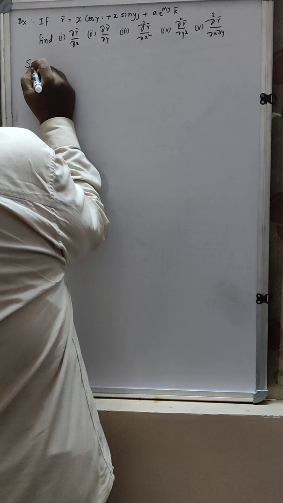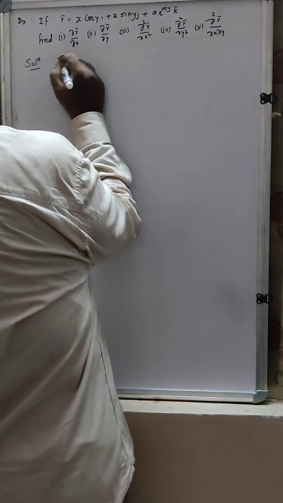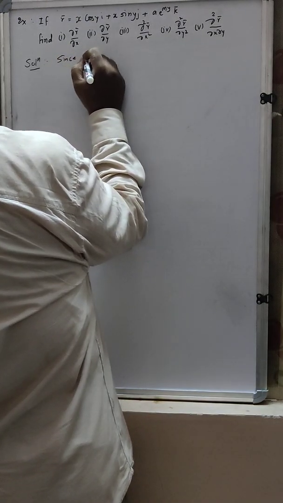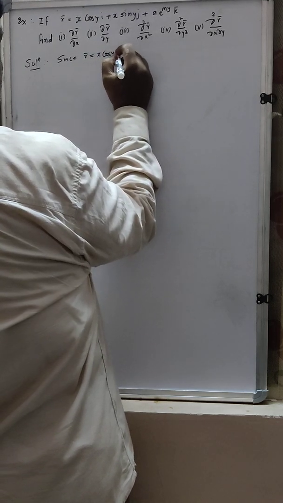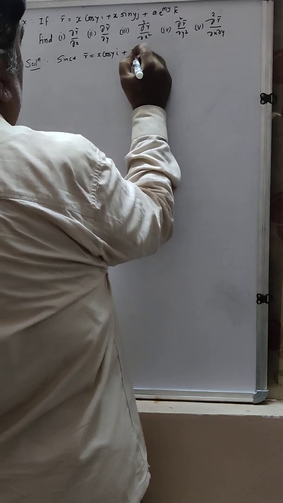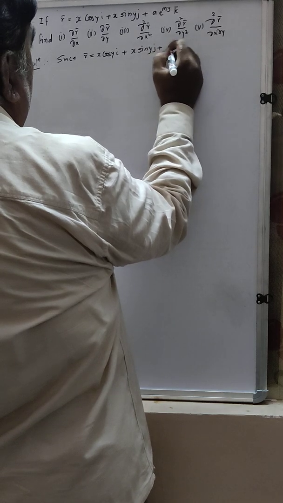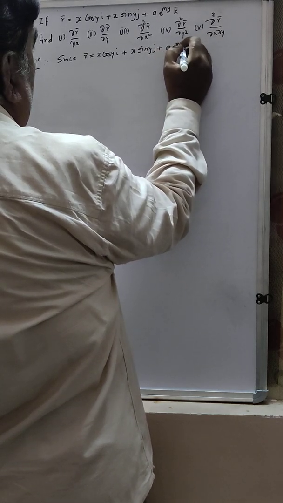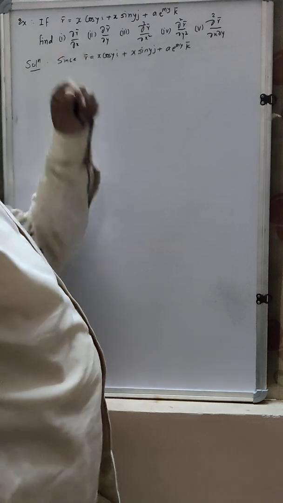Solution. Since r vector is equal to x cos y i vector, x sin y j vector plus a raised to my k vector. First, ∂r vector by ∂x.